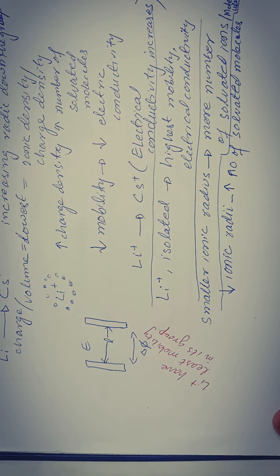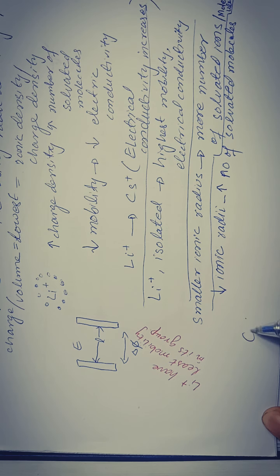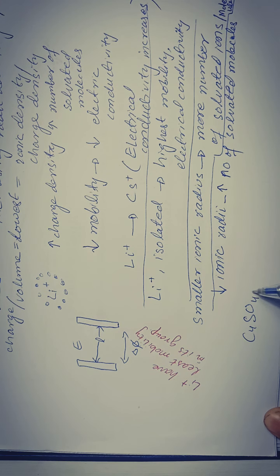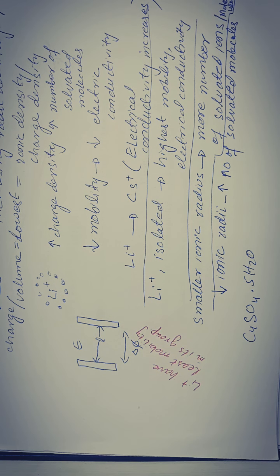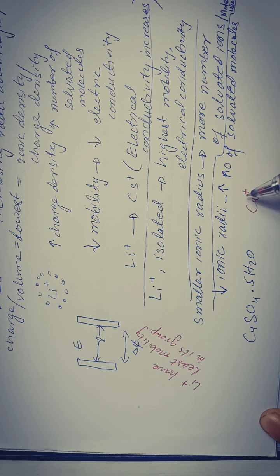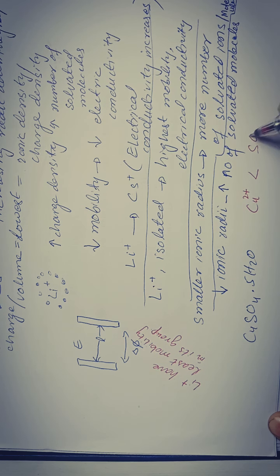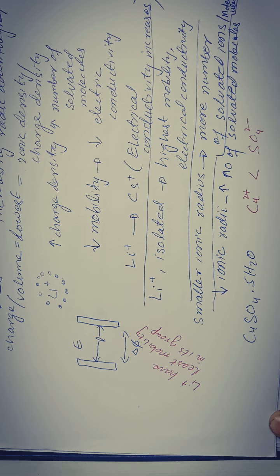So let's take another example, that is copper sulfate pentahydrate. In this example, the size of copper is smaller than the sulfate ion.